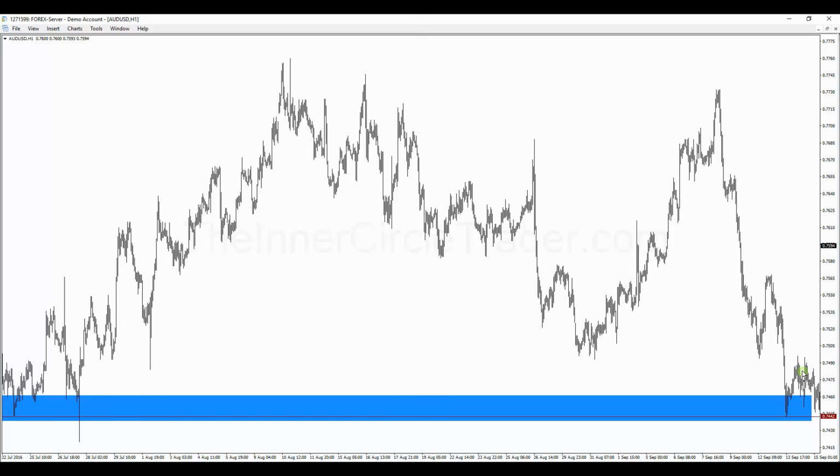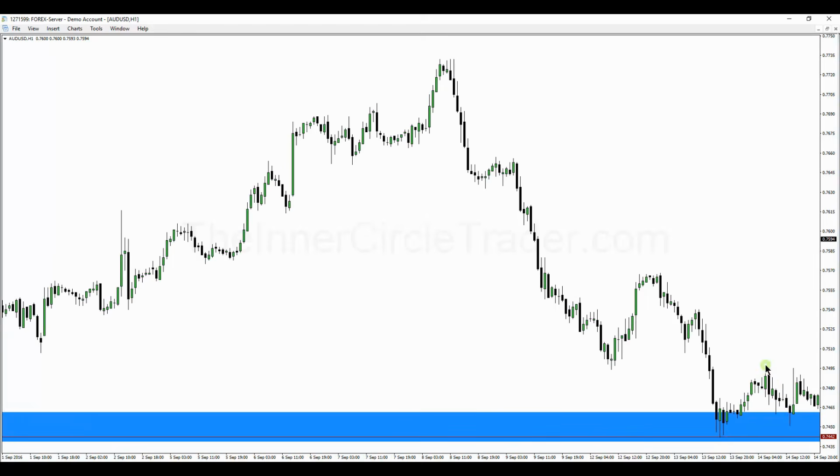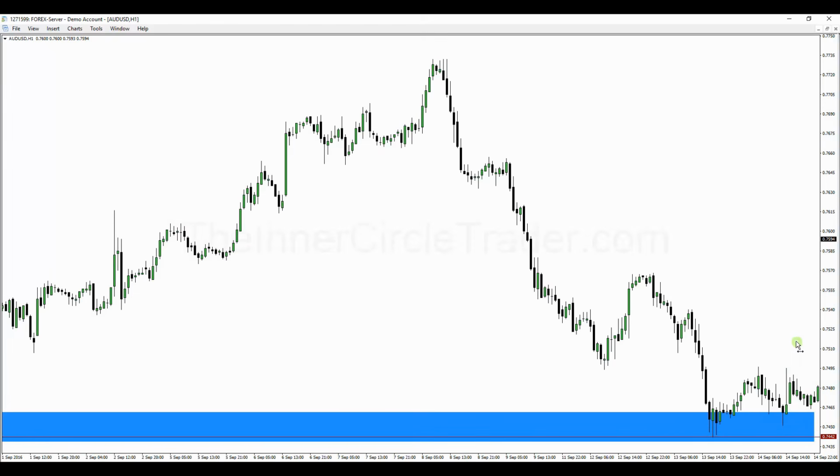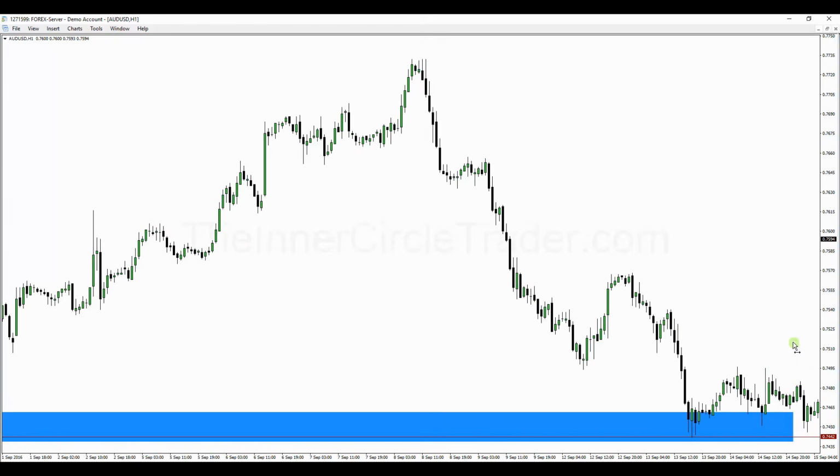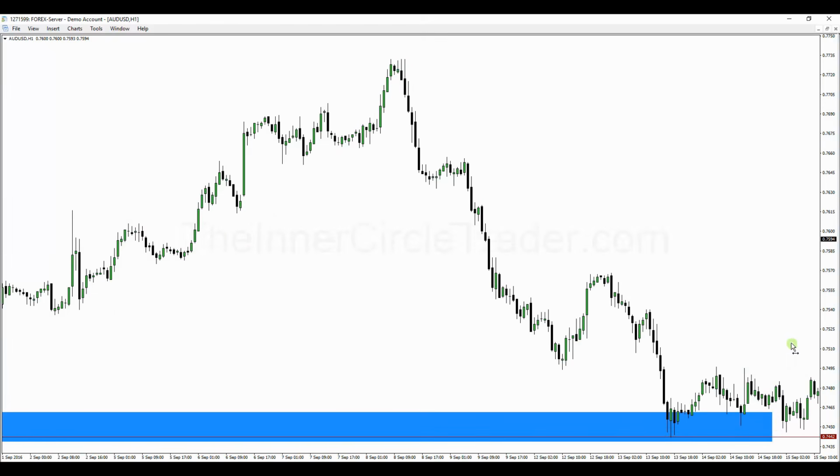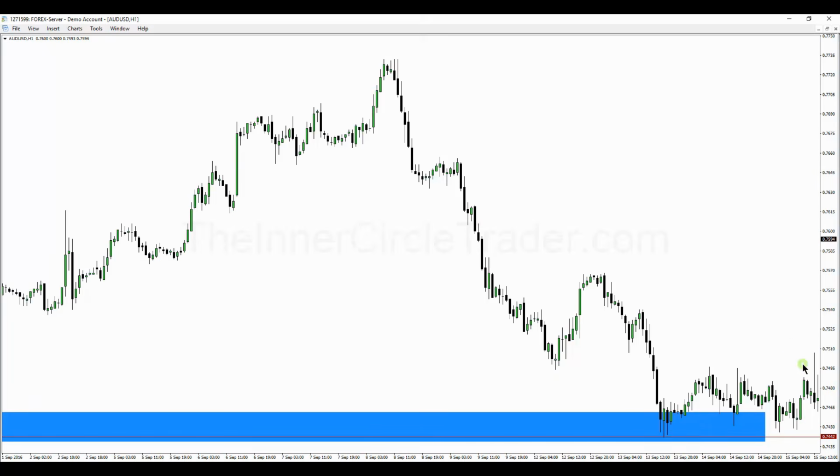Now, we don't just simply go buy it. As the market starts to rally, we want to wait for a swing high to be created and violated on the upside. We get that here. We have a swing high. Market trades up through it here, comes back down to the last bearish candle right here.